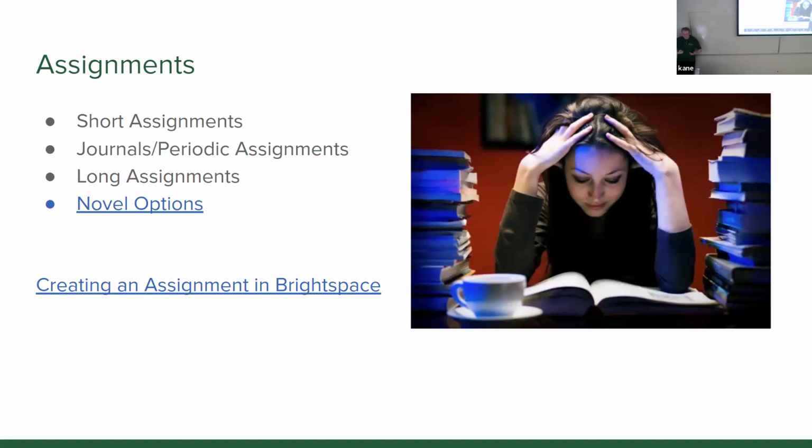Then we come into long assignments, and these are the more traditional multi-week research papers, potentially an actual term paper, or even the end of a capstone project. I don't think there's too much to be said about these, because obviously the idea is to gather up all of the learning objectives and capture the entirety of the course for this assignment.